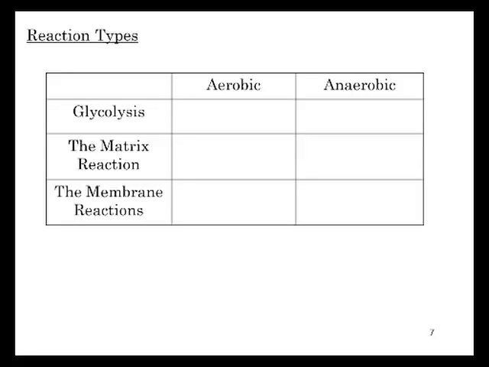We're breaking apart glucose. It is anaerobic. We do not require oxygen. Oxygen can be present in the cell, but it's not necessary for glycolysis to occur. However, the matrix reactions and the membrane reactions are aerobic. We have to have oxygen for these reactions to go forward.